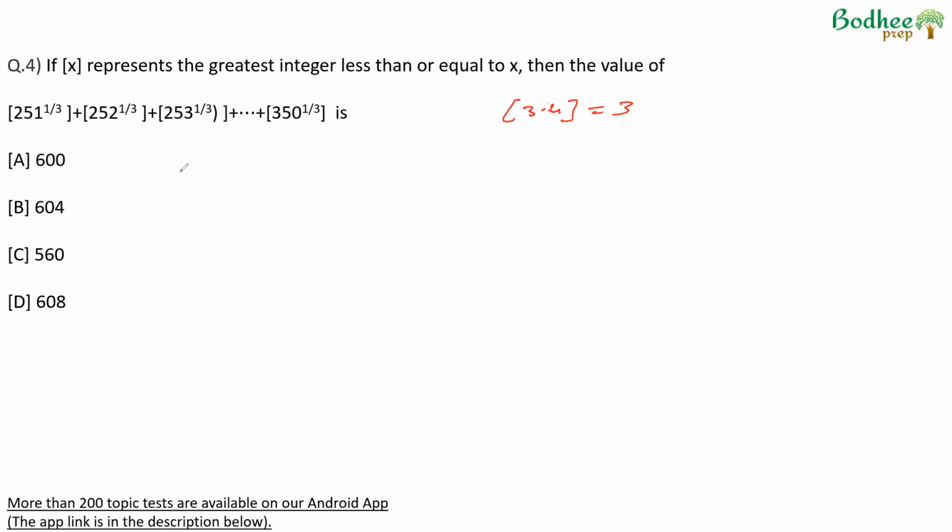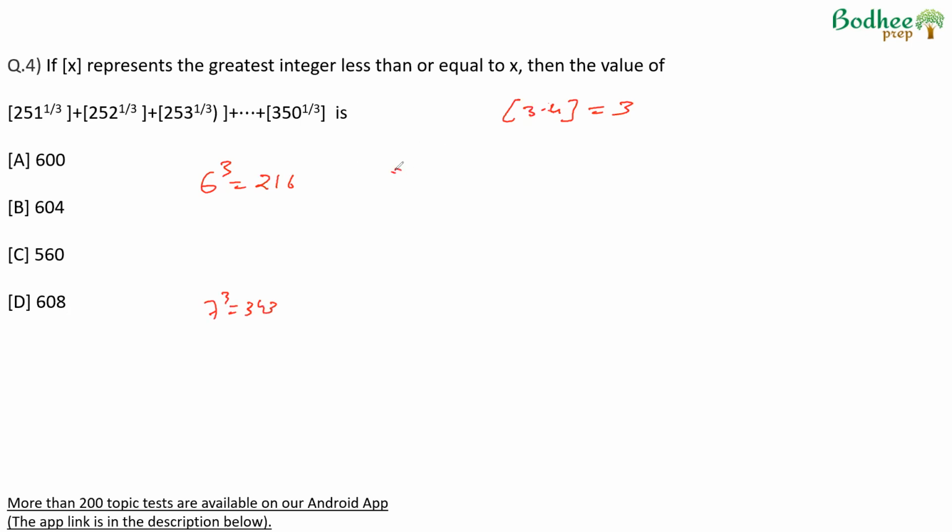Now if we take the cubes, we realize that, sorry, not 4 cube, 6 cube is 216 and 7 cube is 343.